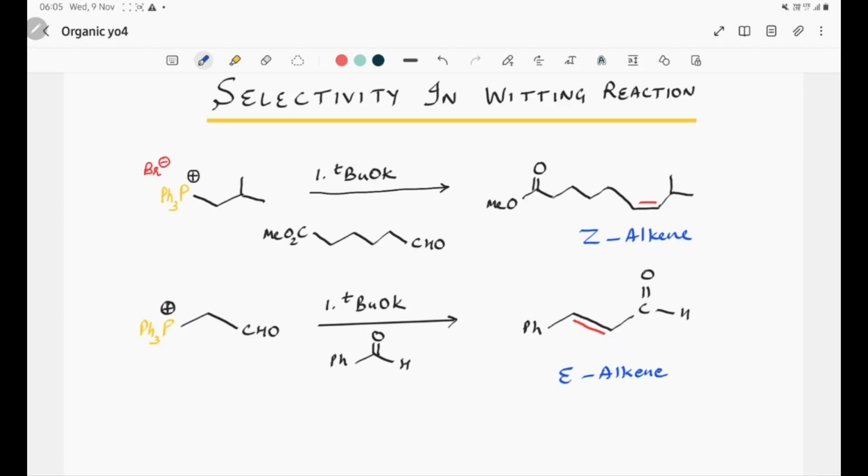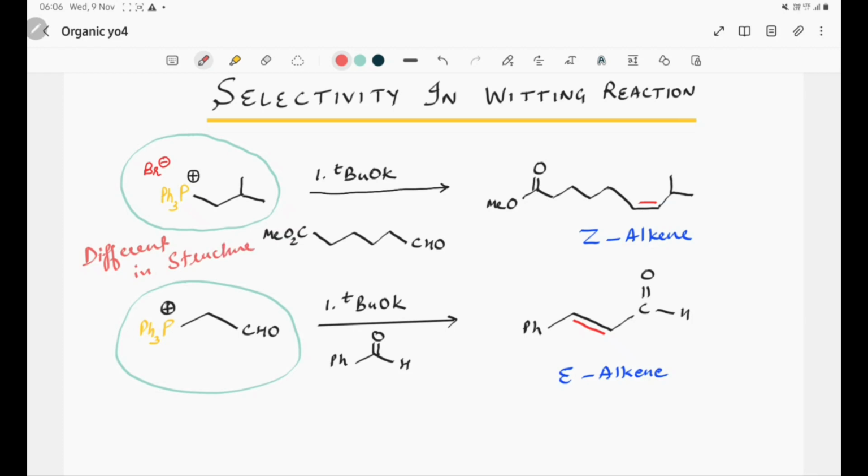This selectivity in case of Wittig reaction can be easily explained if we look at the structure of both the ylides. If you can see both these ylides, these are different in structure.